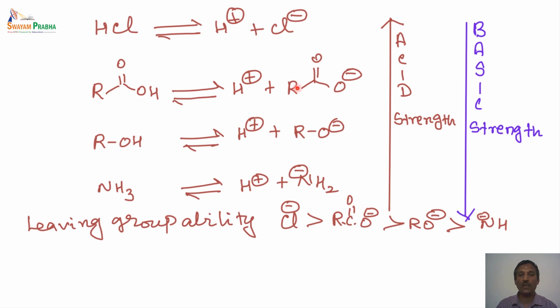So that way we can compare: acid chloride is highly reactive, followed by anhydride, followed by esters, and amides are the least reactive one. So from the acid strength or the basic strength, we can easily compare why chlorides are easily removed from the system.